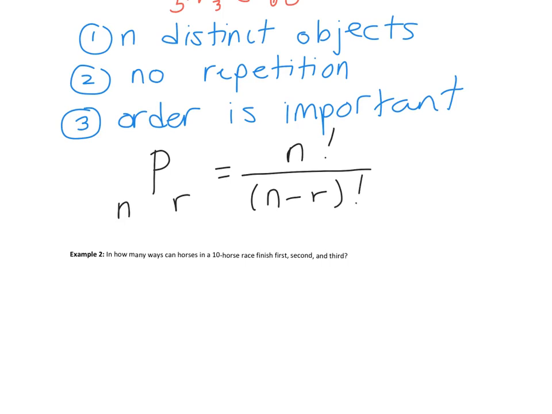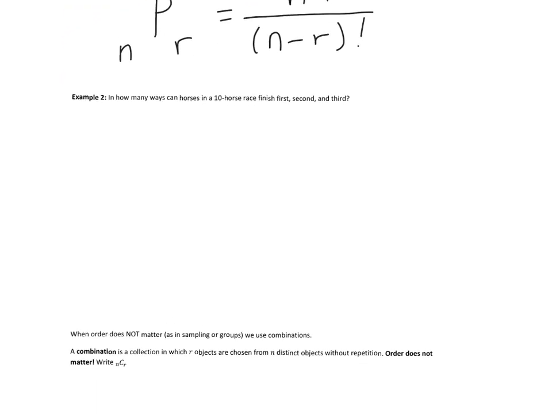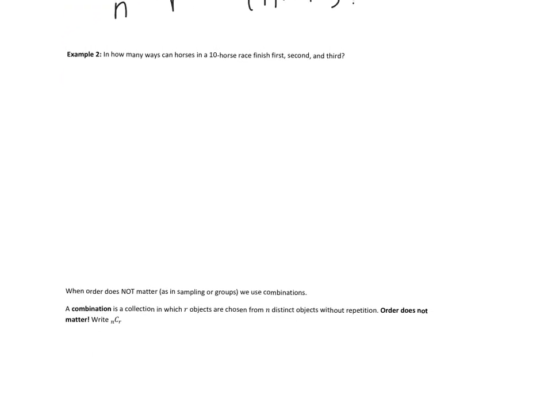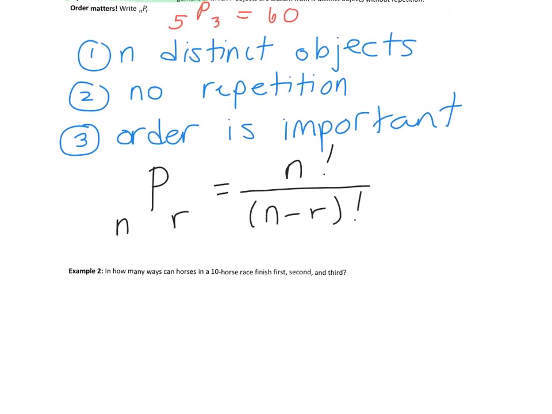All right, so let's look at an example with this. We want to know how many ways horses in a 10-horse race can finish first, second, and third. Before I scroll away from this, do we have distinct objects? Yes, we have 10 distinct horses. Let's write out a checklist.